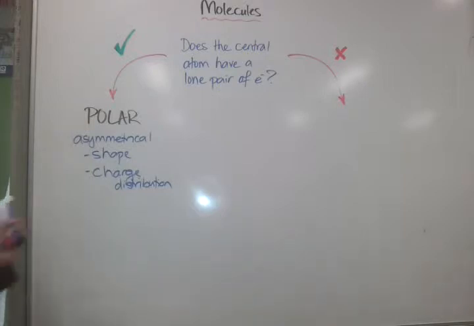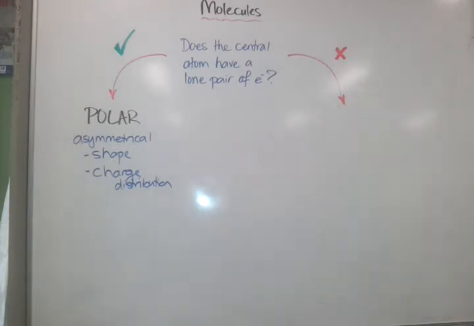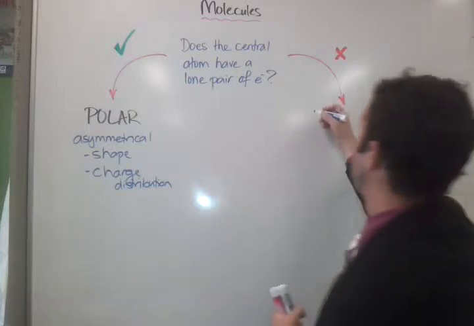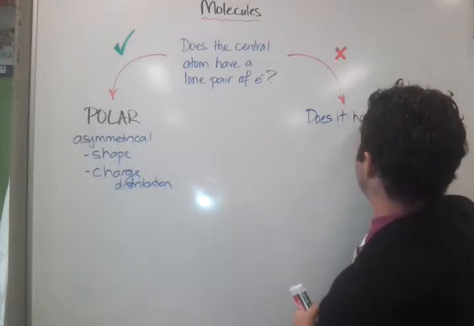Okay. But if it doesn't have a lone pair, you've got to look at something else. What we look at next is whether it's got polar bonds or not. So we use that electronegativity difference to determine, are there polar bonds around the central atom? To make it easier, does it have polar bonds?